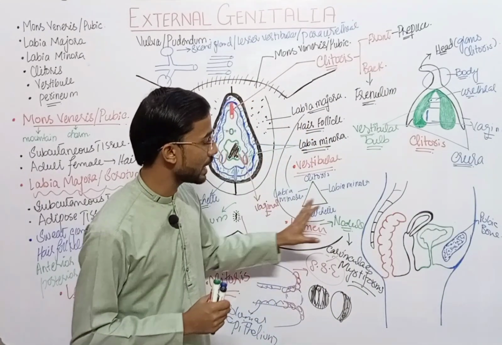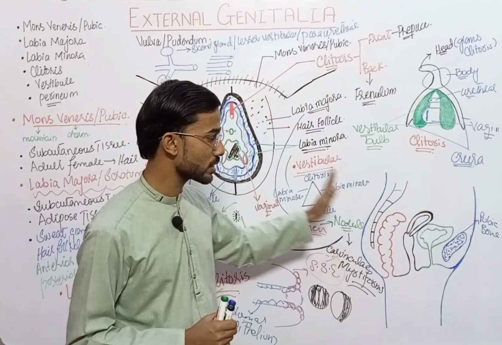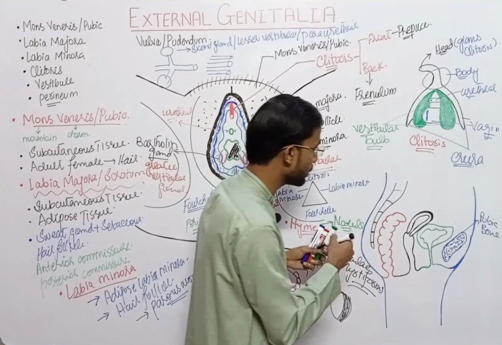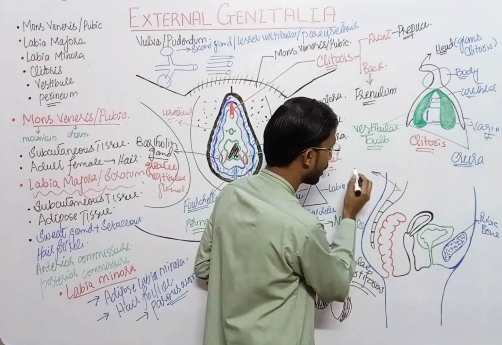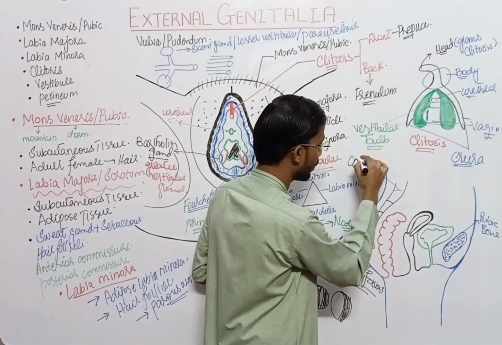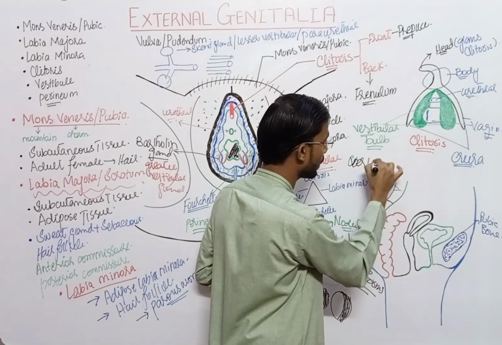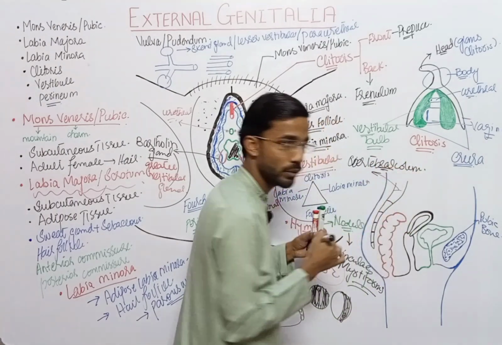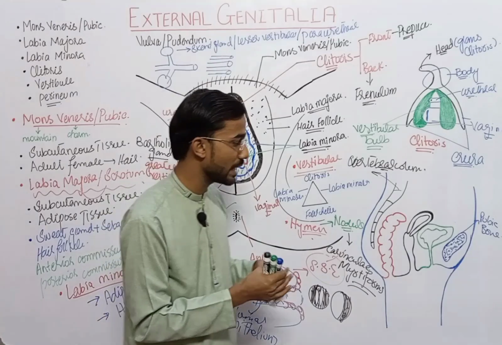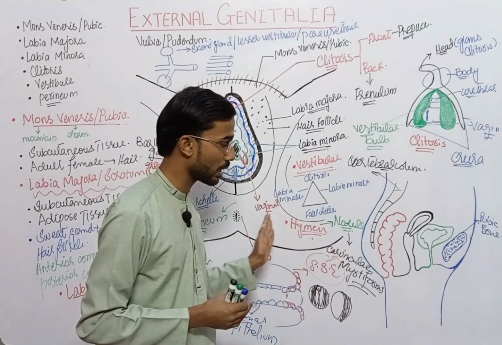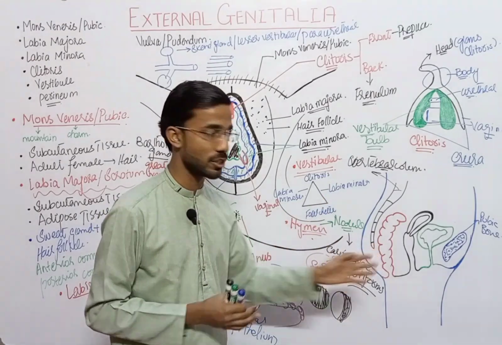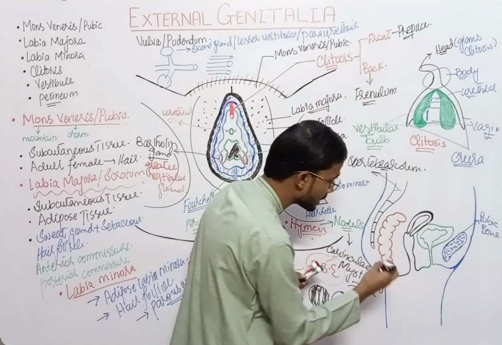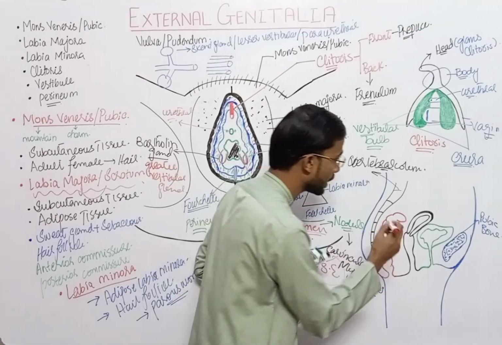So if we see this from the lateral side view, this is the vertebral column. This is our view of the external genitalia, how different components are arranged. First, you will see the vertebral column. Second component is basically the colon.